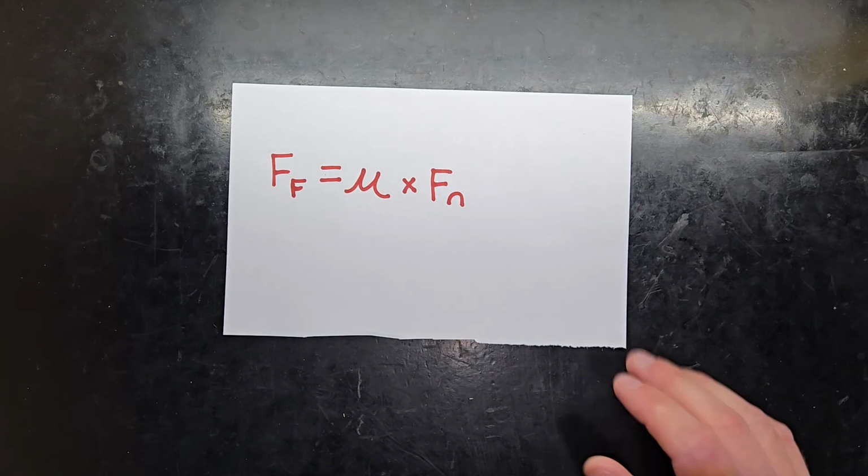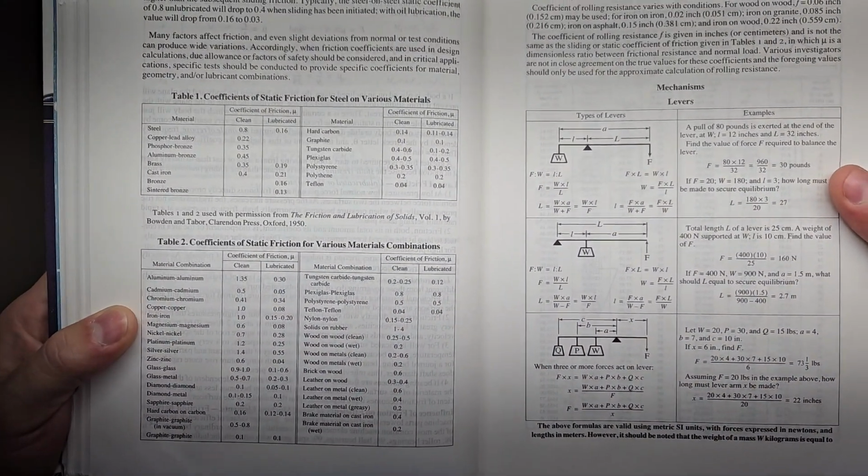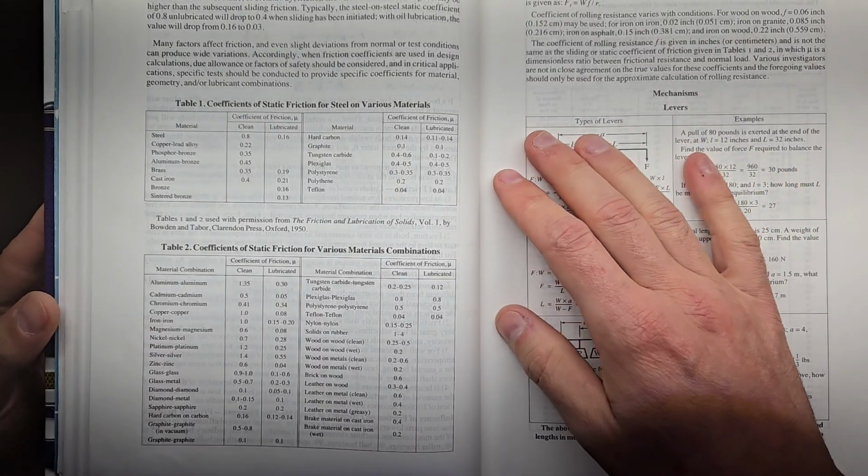So where do we find that coefficient of friction? In modern day, we can use AI, or we can go back to our old faithful textbooks.